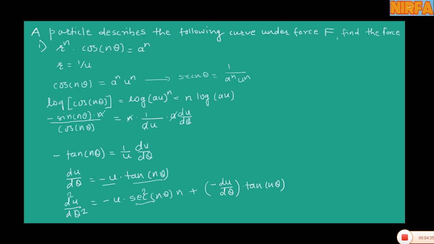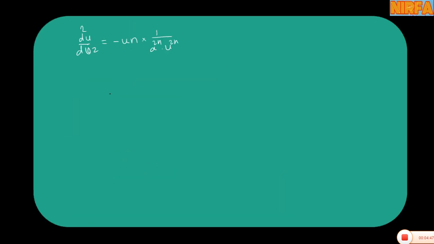Okay, this is the value of sec square n theta. Then I'll put the value of du by d theta here. So minus minus plus, then it will become u tan square n theta. So it is plus u tan square n theta, and you know that tan square can be written as sec square n theta minus 1.